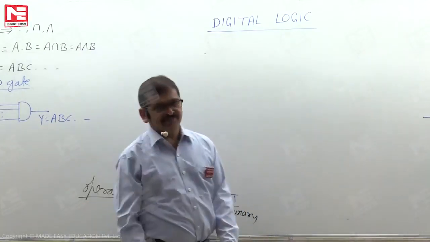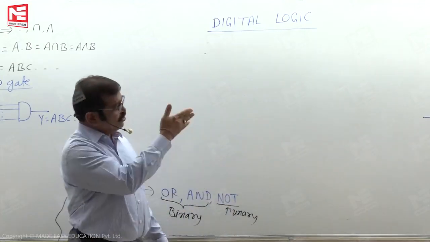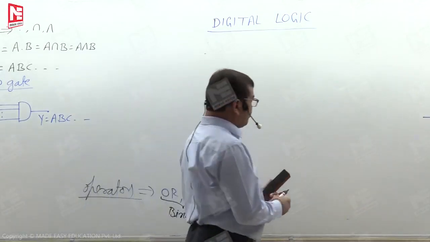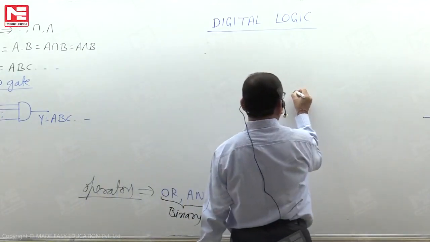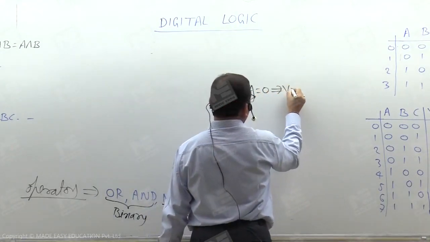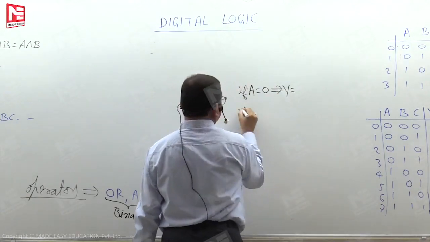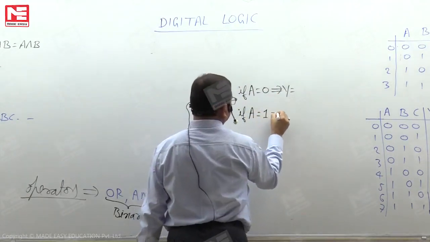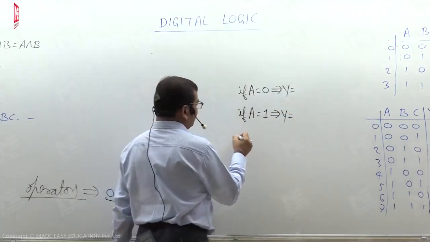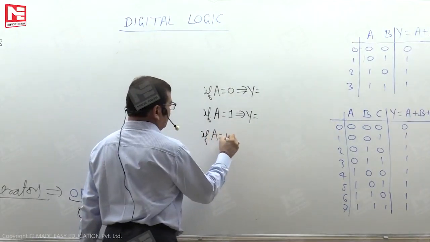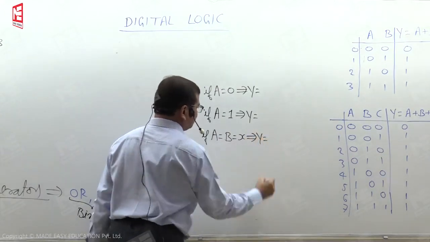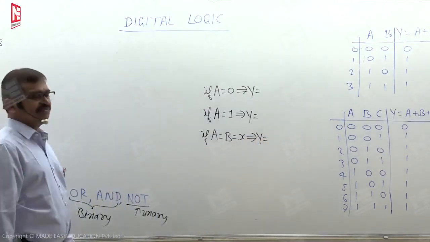On these logic gates, as part of developing truth tables, we need to look at a little more information on these logic gates. The information we want on these logic gates is: if one of the inputs of the logic gate is 0, what is the output of the logic gate? If one of the inputs of the logic gate is 1, what is the output? If inputs A and B, limiting our discussion to the 2 input case, are connected to the same variable, say X, what is the output of the logic gate?